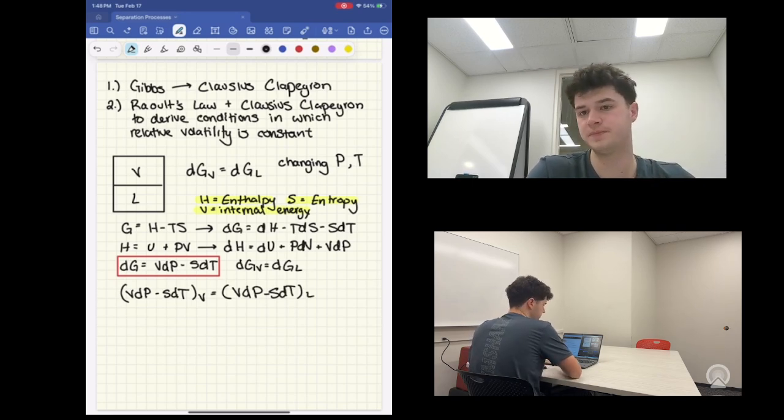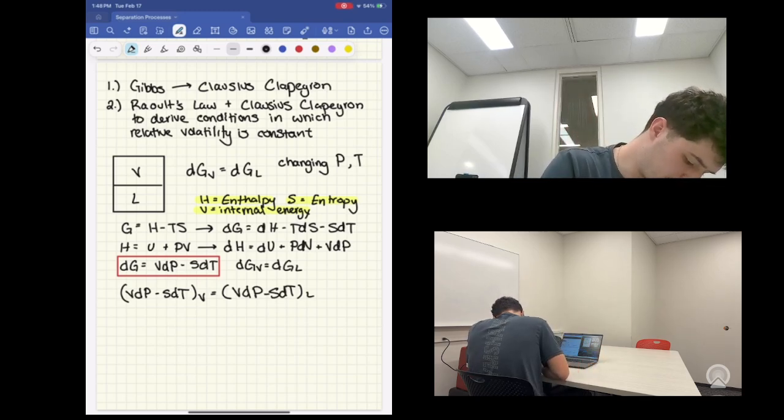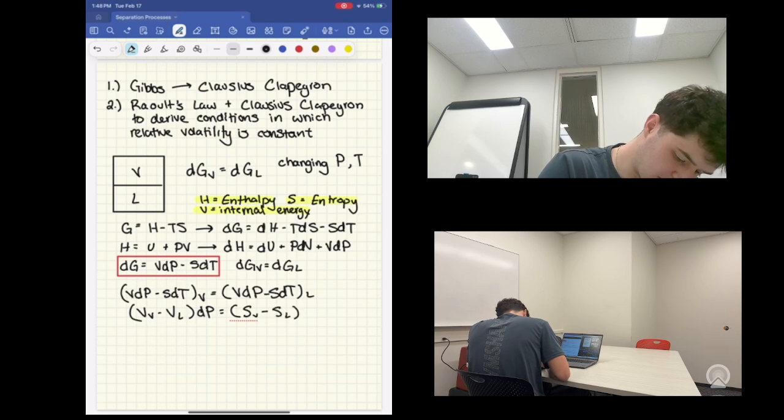From here, you're able to do some algebra, combine like terms, and you will get V vapor minus V liquid, all with respect to pressure, equals the change in entropy with respect to temperature.